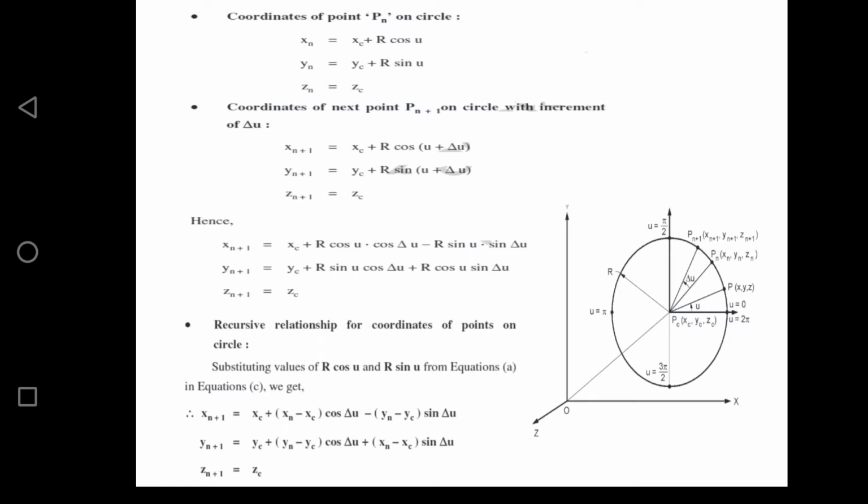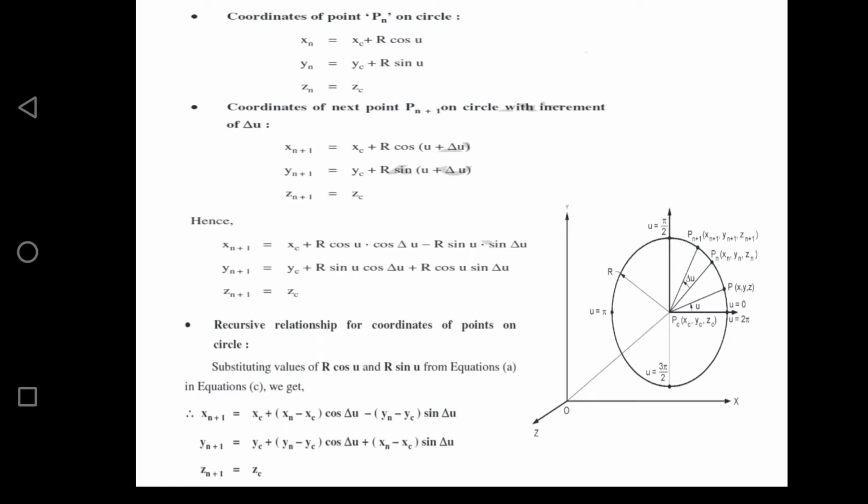Okay, so if I write the parametric equation for point Pn plus 1, I need to write it as xn plus 1 equal to xc plus r cos (u plus delta u), because u is the angle from the x axis or the initial point where u equals 0, plus delta u is the incremental angle.